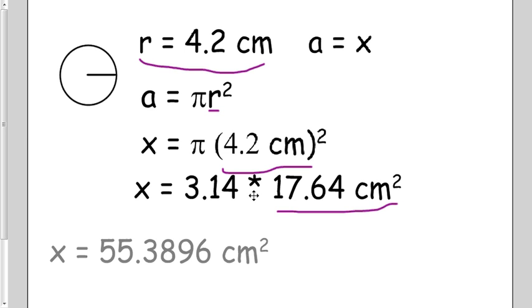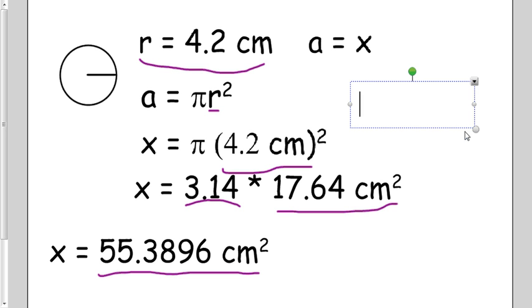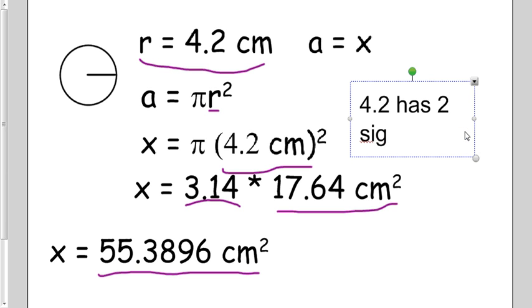Now, when you multiply 3.14 times 17.64, you get 55.3896. Now, 4.2 has 2 sig figs.